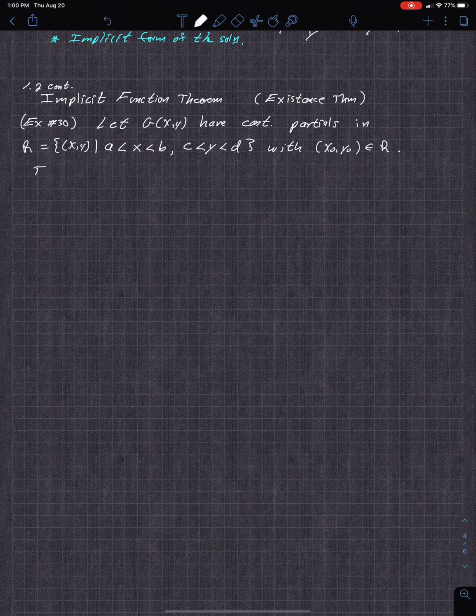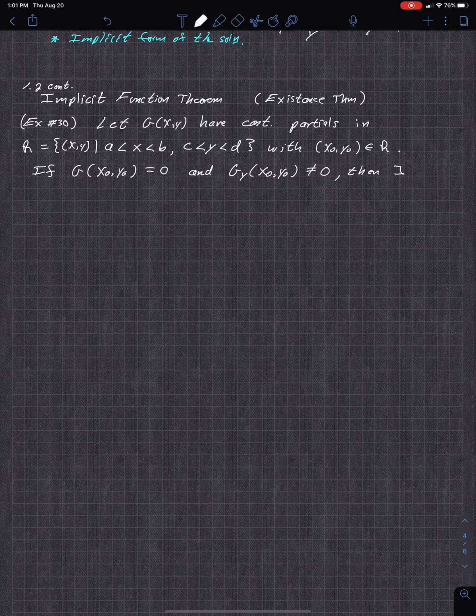So if g of (x naught, y naught) is equal to 0, and the partial of g with respect to y at (x naught, y naught) does not equal 0. So remember, it's kind of a typical assumption, right? We don't want that partial to be 0.